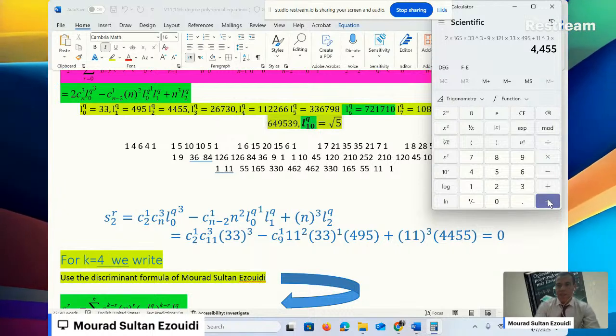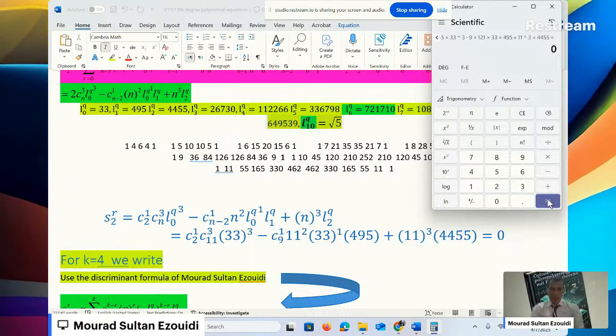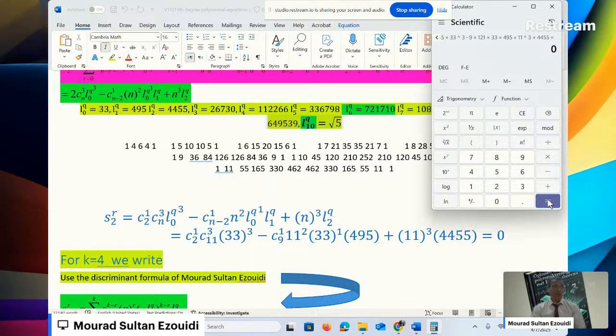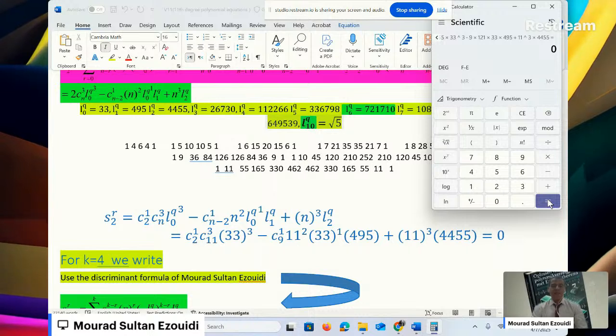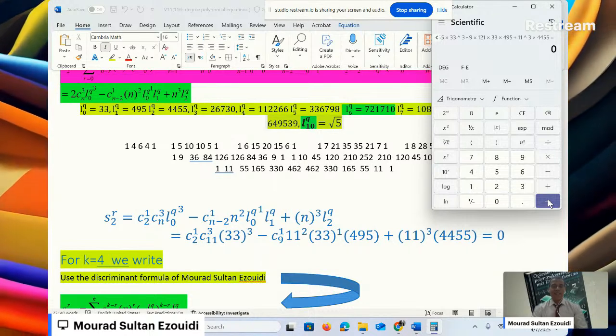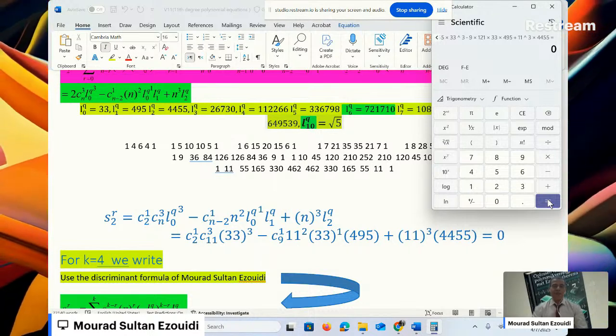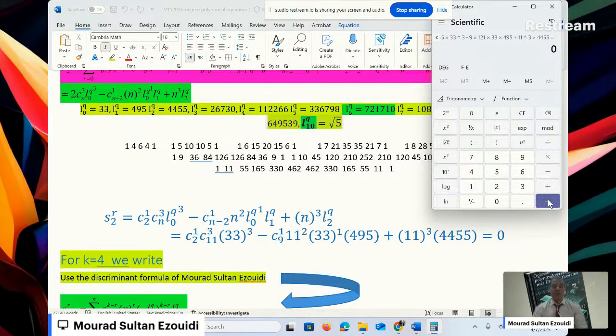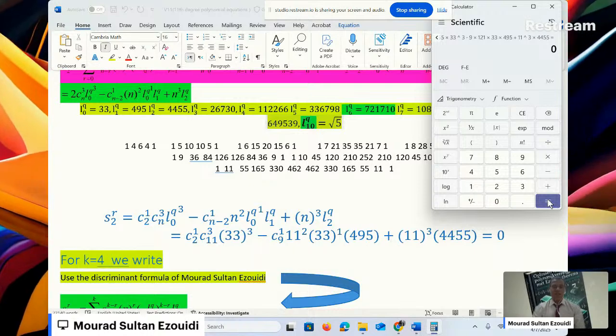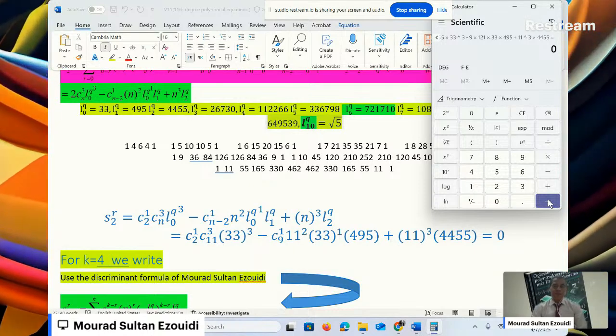This one, my kids, has to be equal to 0. Of course, using my theorem. This theorem is now available to be used. You can use this and solve the equation.